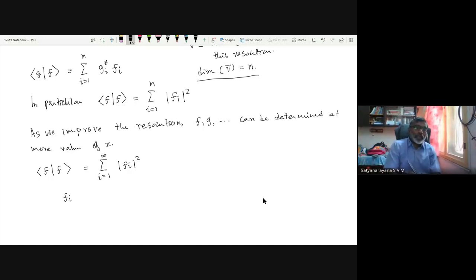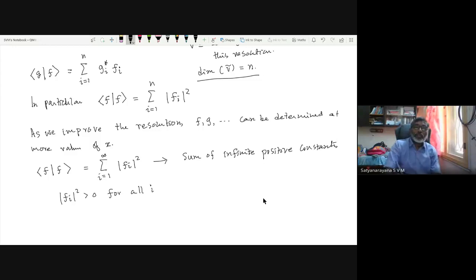Mod fi square is greater than 0 for all i. That means this quantity is the sum of infinite positive constants.